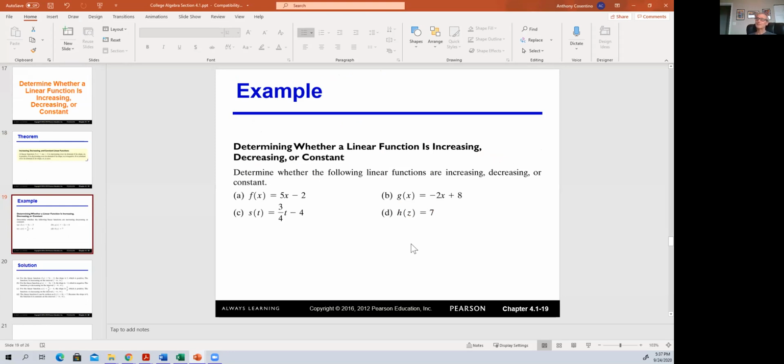C has a slope of 3/4, and so that would be increasing slowly, but it would be increasing. And you could see D is an equation of a horizontal line, y equals 7, and it would be constant. And so you would graph that, and you would just have a horizontal line at 7.